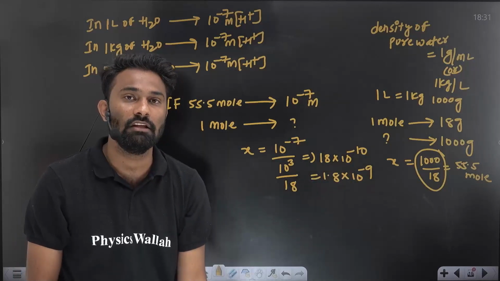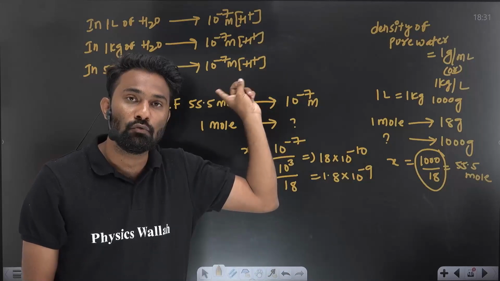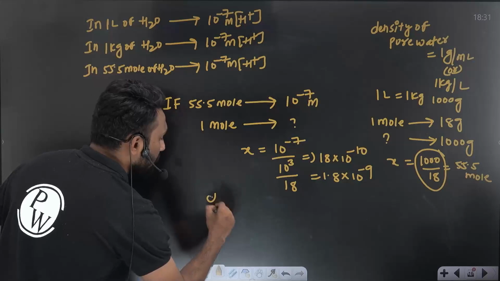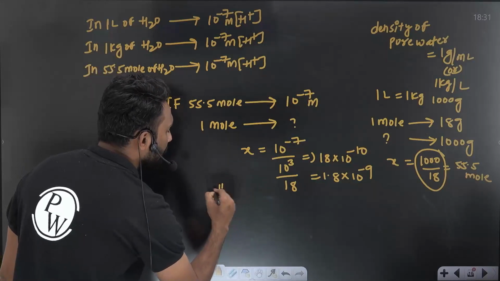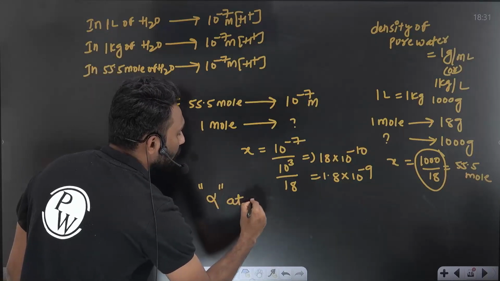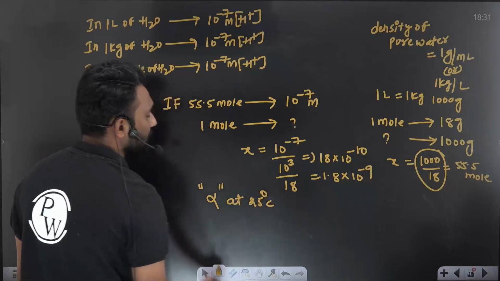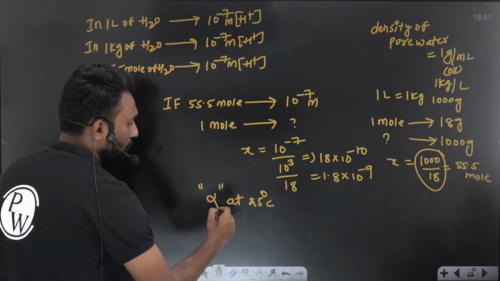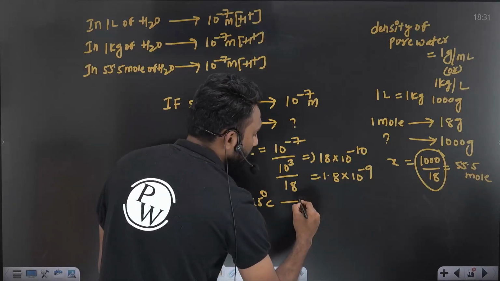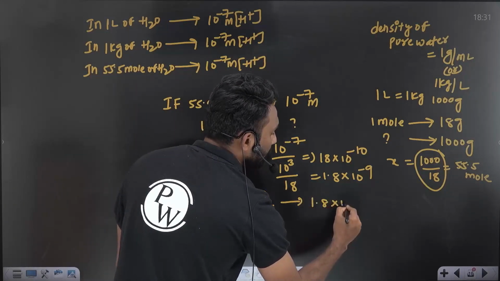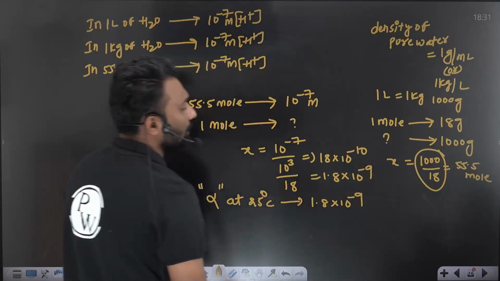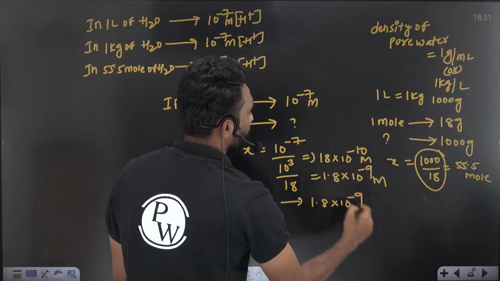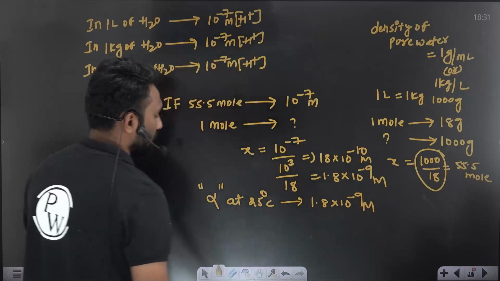That is why pure water is a very weak electrolyte. The degree of dissociation alpha of pure water at 25 degrees is 1.8 into 10 to the power minus 9 molar.